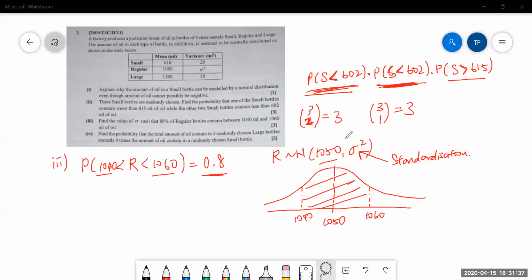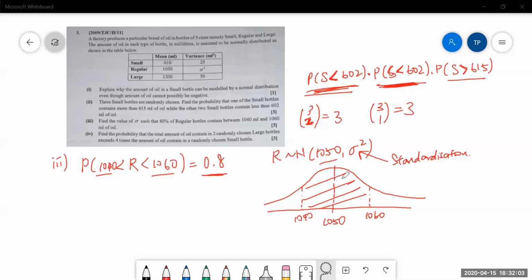And we also know that the normal distribution is symmetrical about the mean 1050. Do you agree? Yeah. The probability is symmetrical about the line 1050.